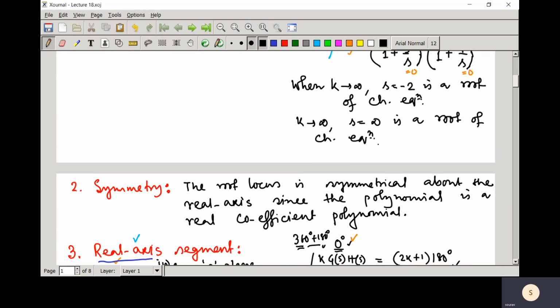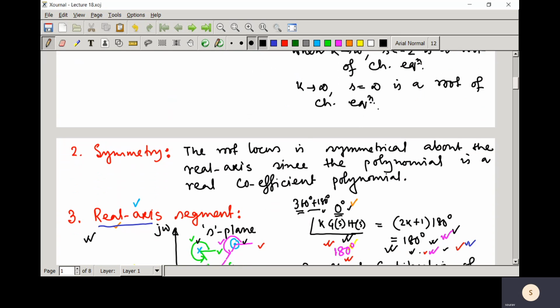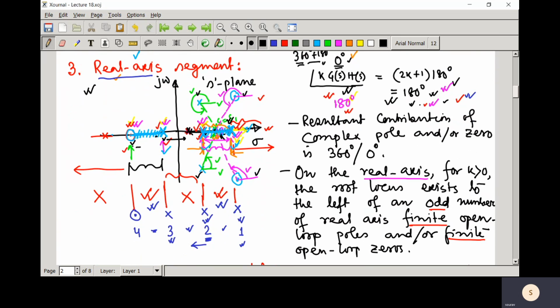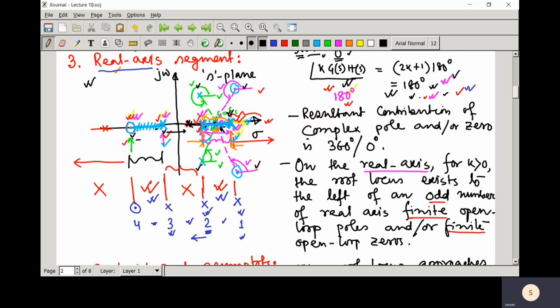The second is that it is symmetric with respect to the real axis, as all the coefficients are real. The third one is very important: which part of the real axis belongs to the root locus. If there is an odd number of poles and zeros to the right, then that portion of the real axis is part of the root locus.